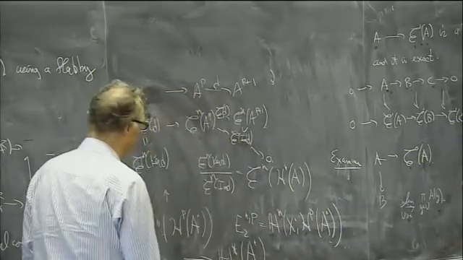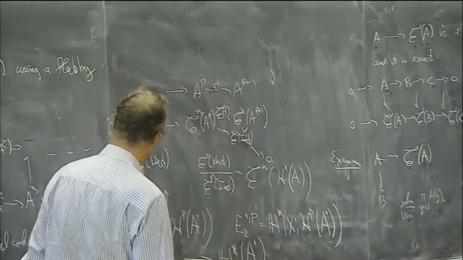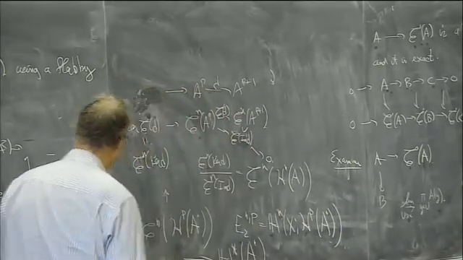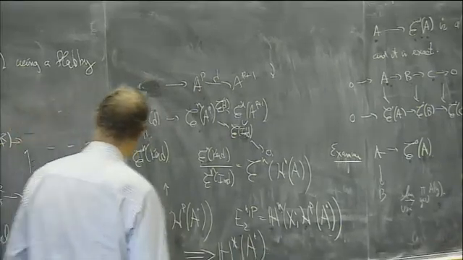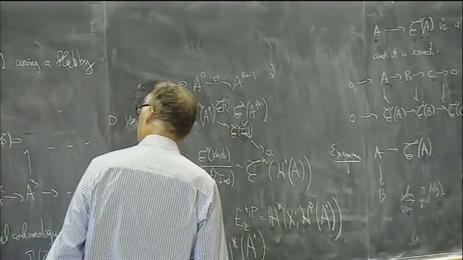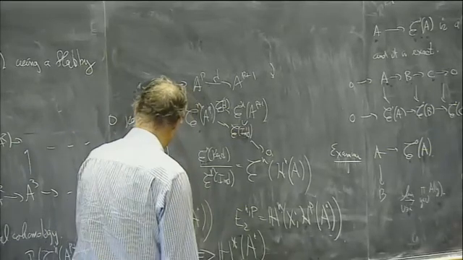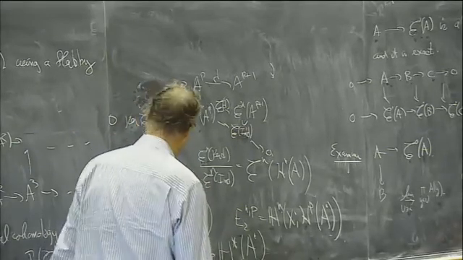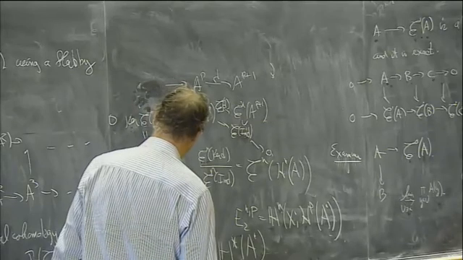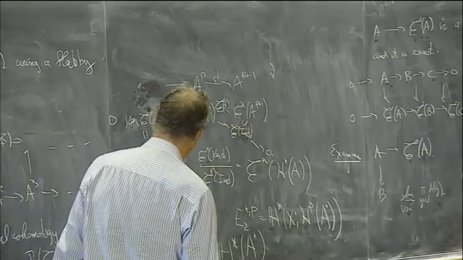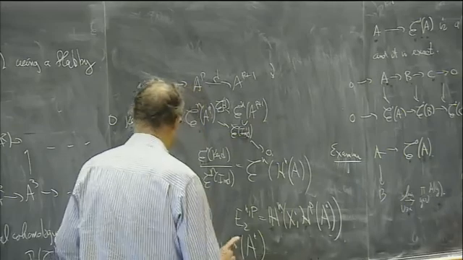So the E1 doesn't look right. You say this is not right. E1 is a sheaf, but E2 is a group. Well, I'm sorry. Yes.